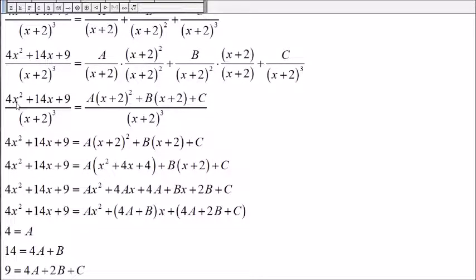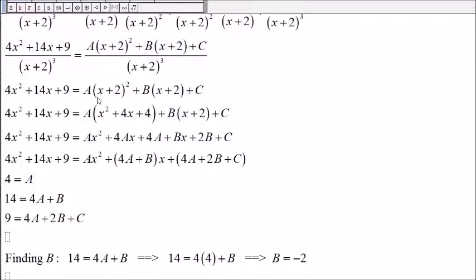And so now we have 4x squared plus 14x plus 9 is equal to all of this. x plus 2 squared is x squared plus 4x plus 4. Multiplying, we get ax squared plus 4ax plus 4a plus bx plus 2b plus c.